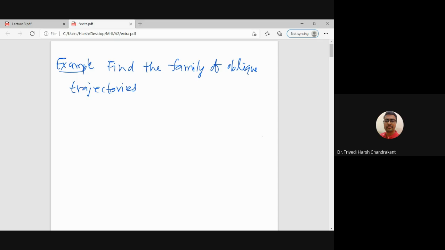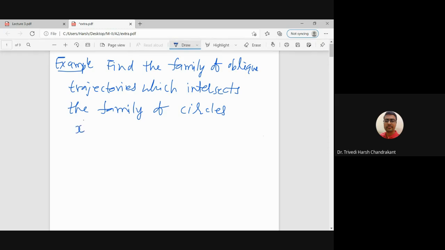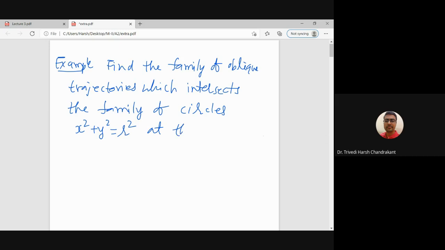So we want to find the oblique trajectories which intersect the family of circles, let's say the circles are centered at origin and radius is r, at the angle 45 degree.